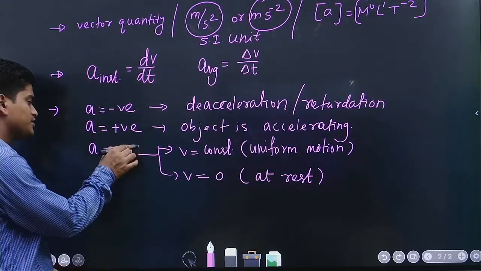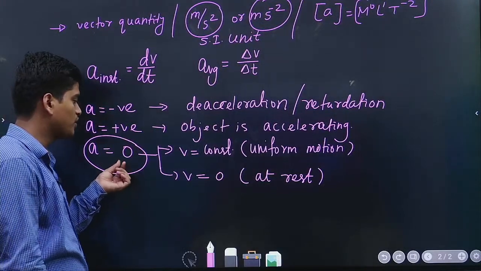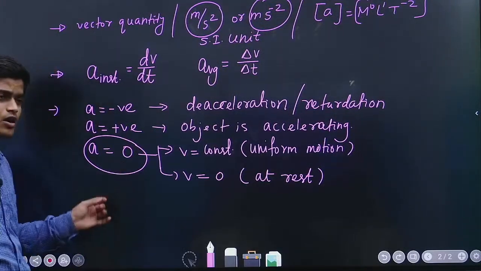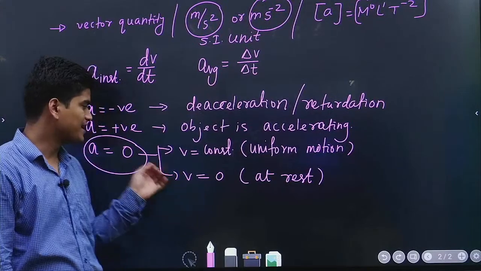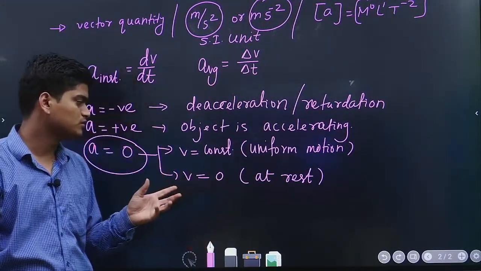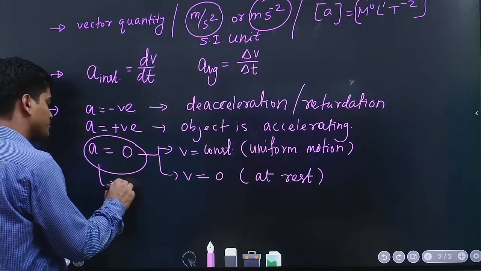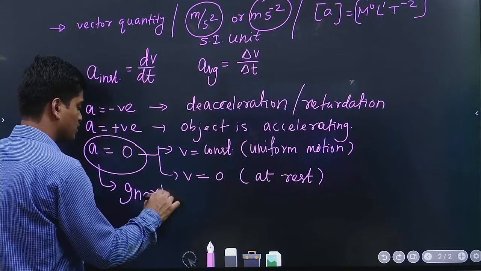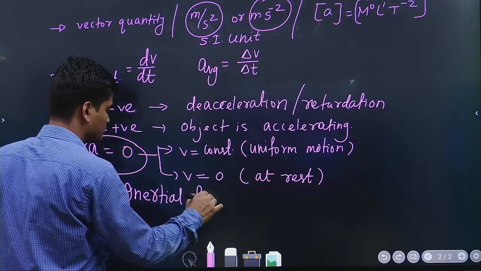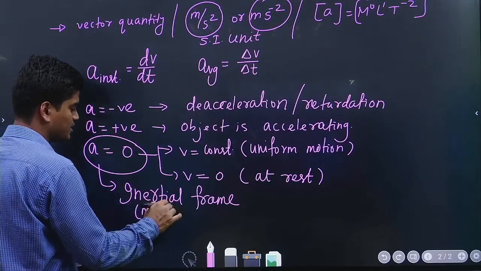And if acceleration is 0 in any frame, it is called basically an inertial frame. If acceleration is not equal to 0, then it is an accelerating frame, a non-inertial frame. So acceleration 0 means inertial frame, not accelerating.